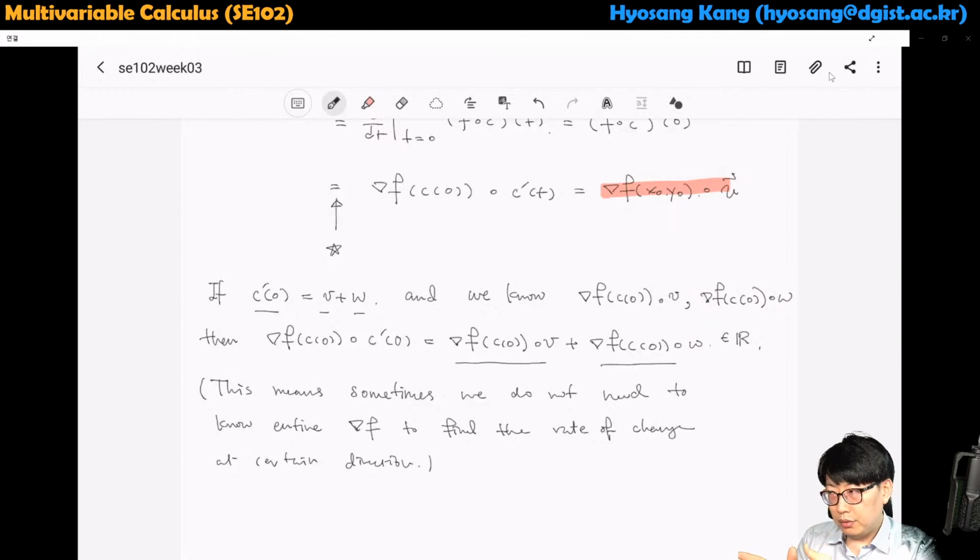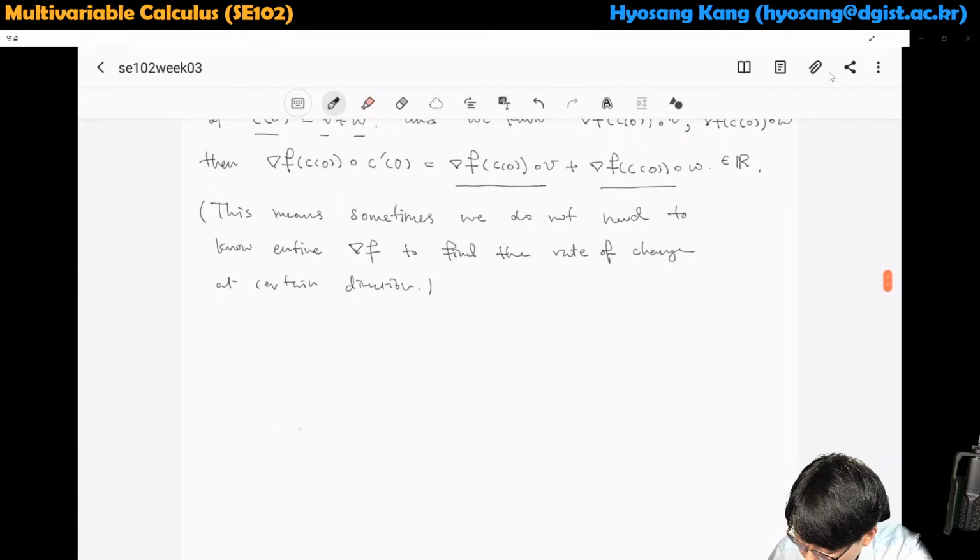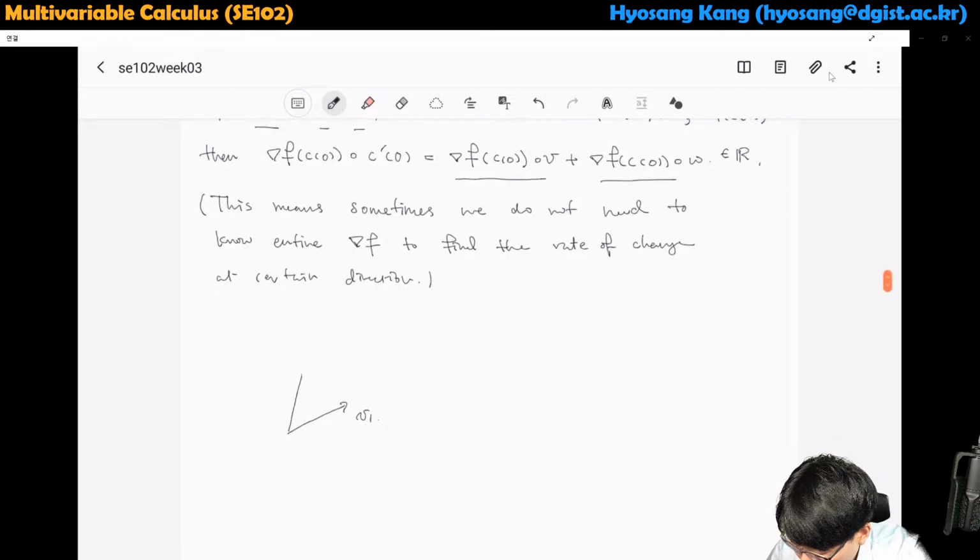If you want to find out what happens when you change the variables at the same time, as if you're moving in the direction of a composition of two vectors, here's one direction that you observe the outcome, and here's the other direction. You want to find out what happens in this direction.